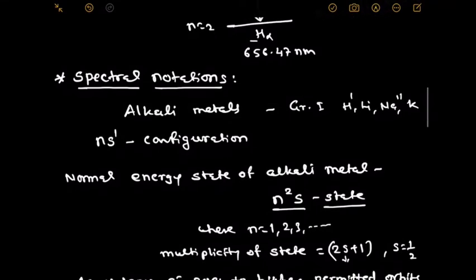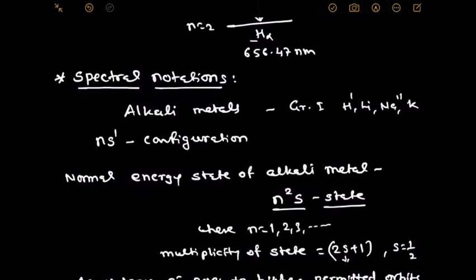Hence the multiplicity of each normal energy state of the alkali metal is written as n doublet S state.